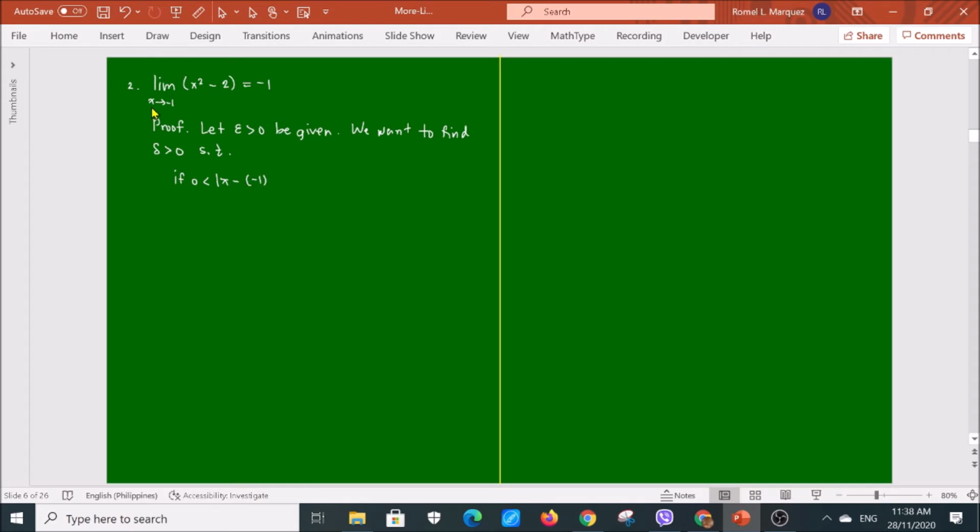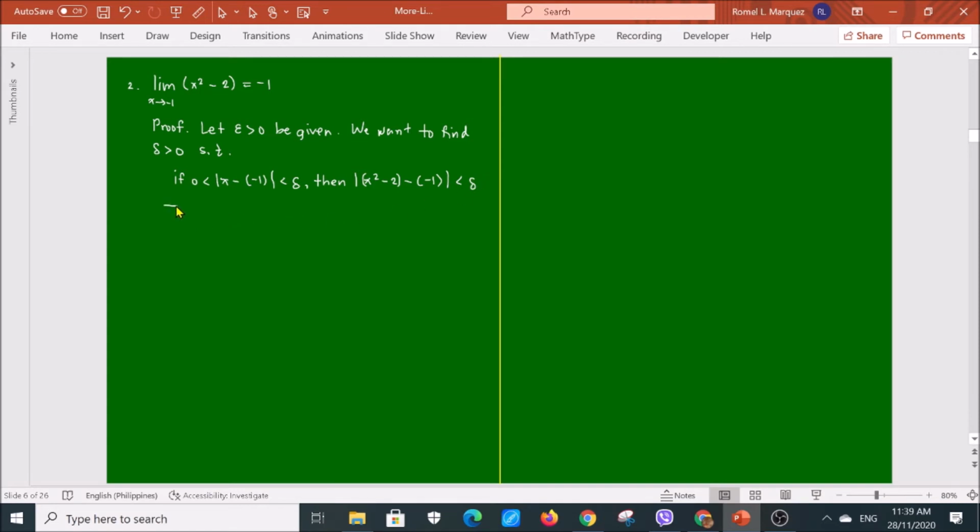Negative 1, since x approaches a. So our a is negative 1. So if the absolute value of x minus a is between 0 and delta, then the absolute value of f of x minus L, what is my f of x? x squared minus 2, minus L, negative 1, is less than epsilon.